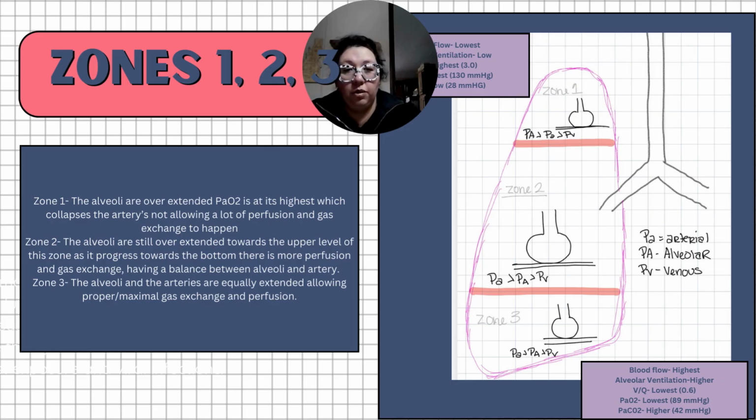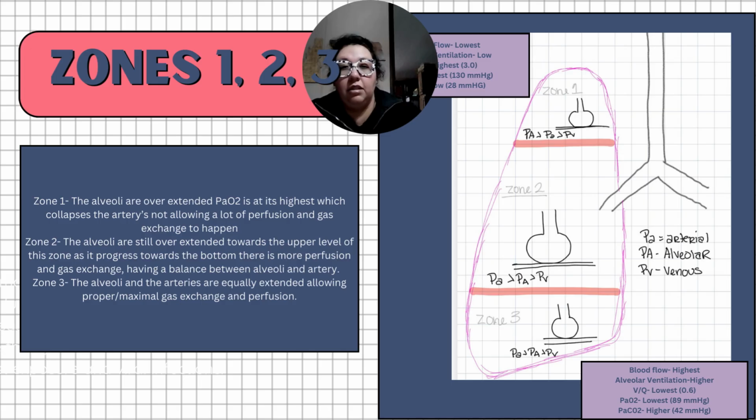In zone 2, there's a little bit of a gray line, just because in the upper part of zone 2, it kind of follows zone 1, where the alveoli are still a little bit more overextended and our capillaries are still a little bit more flattened out. But as you work your way down closer to the base, gravity has a big effect on that.